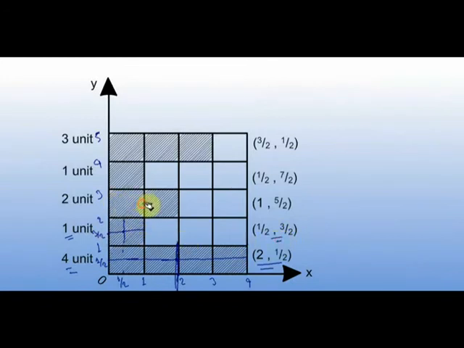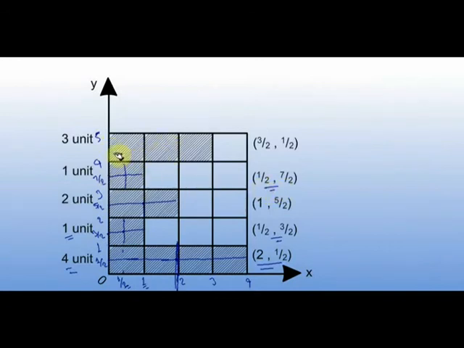Similarly, here the x coordinate of center of mass would be 1, and the y coordinate would be 5 by 2. Here the x coordinate of center of mass would be 1 by 2, and the y coordinate would be 7 by 2.